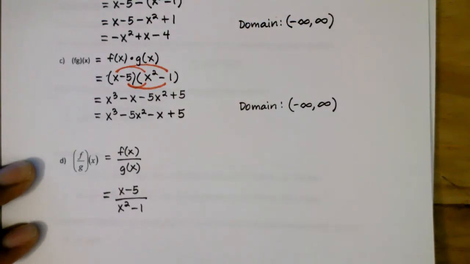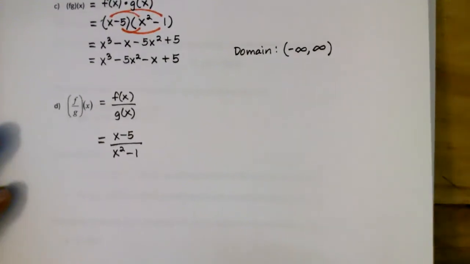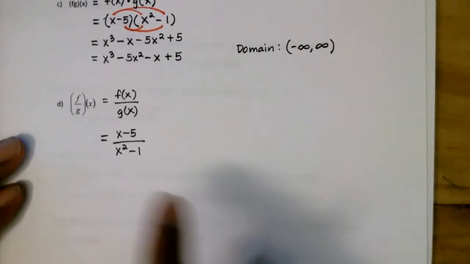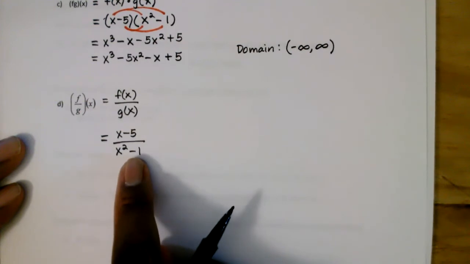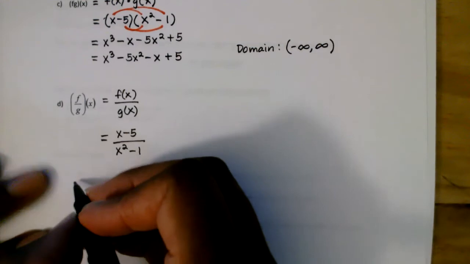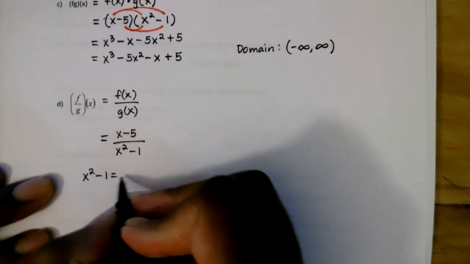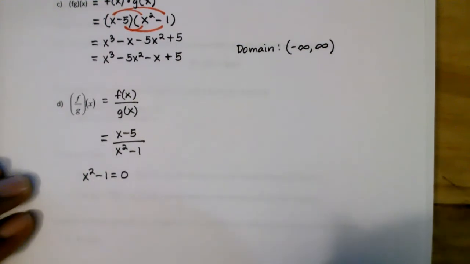And that would be as far as I can go with that problem. Now we need to find the domain, because notice you got x squared minus 1 in the denominator. That means you can have a 0 in this denominator. So we need to find out what values of x would give us a 0 in the denominator by setting that x squared minus 1 to be equal to 0.